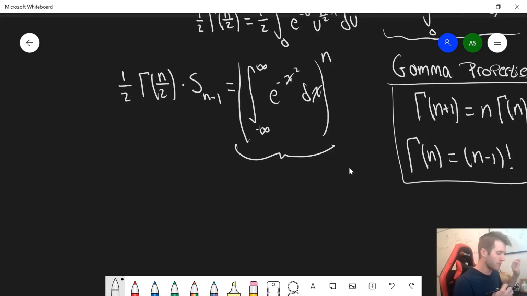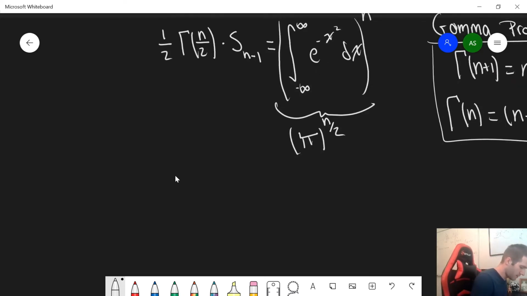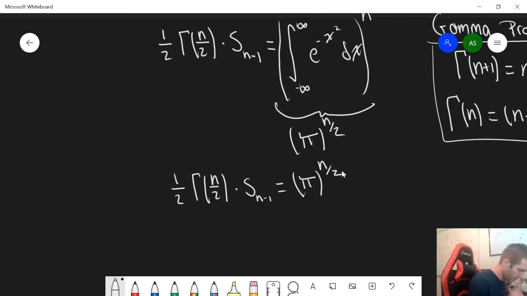So that would essentially mean that the answer of this integral is just pi raised to the n over 2. Now we can actually write 1/2 of our gamma as a function of n over 2 times S sub n minus 1. That is going to be equal to pi raised to the n over 2.